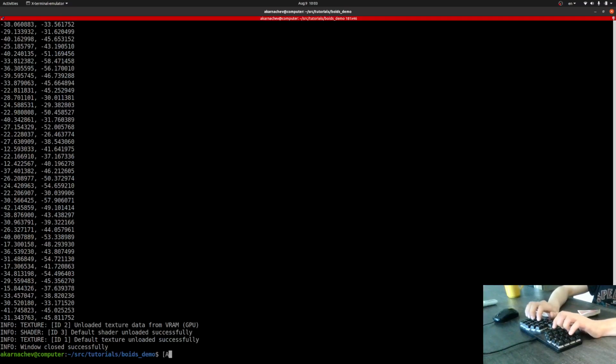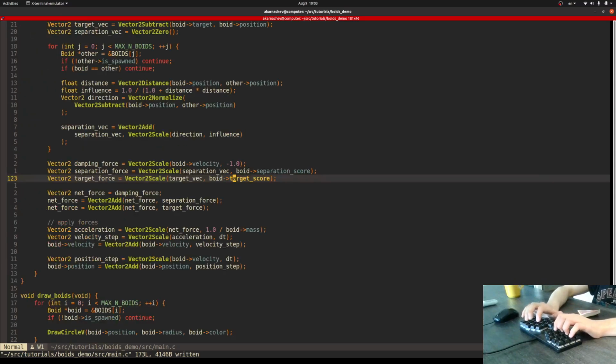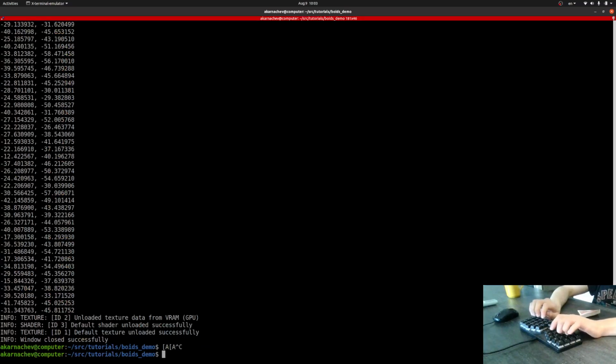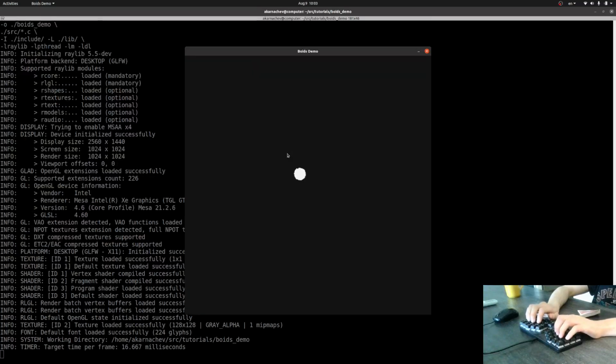And now, did I remove this huge multiplier? Yes, I did. And now as you can see, they are trying to separate from each other, but also they are trying to move towards the mouse. But now I don't like their separation. It's too tight.